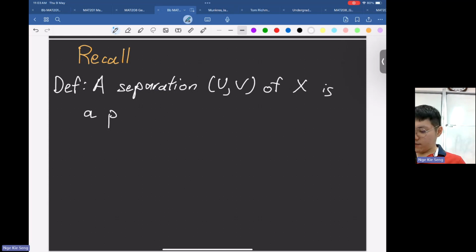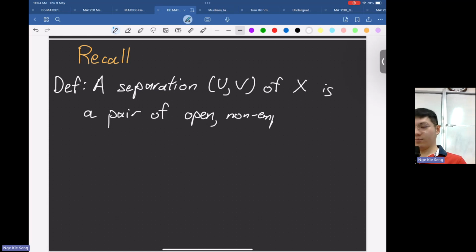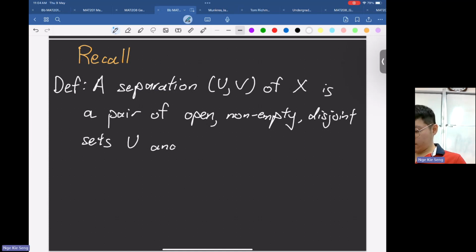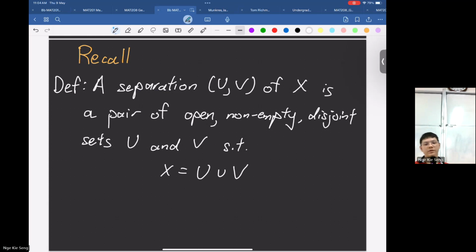It is a pair of open, non-empty, and disjoint sets U and V such that X is equal to the union of U and V, a disjoint union.